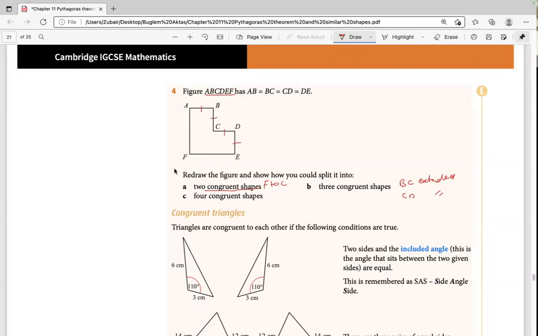I'm thinking triangles, but it would be too much. When I was cutting through, there are six. So four congruent shapes. If we think about trapeziums this way, no.